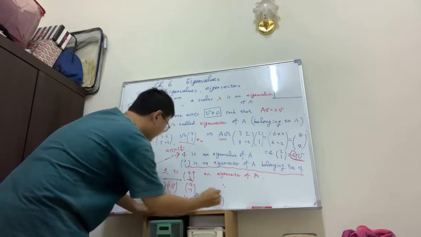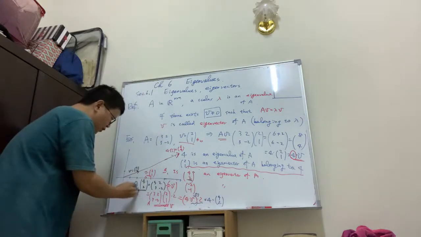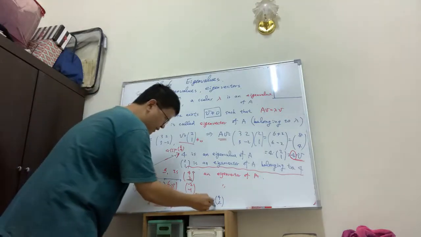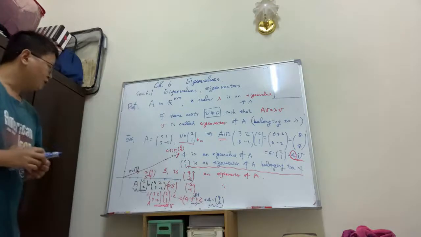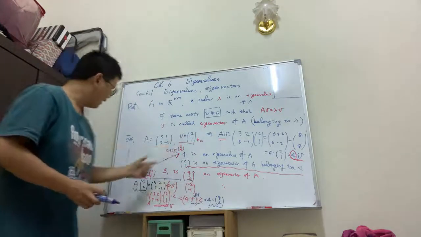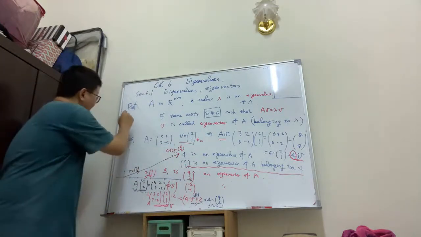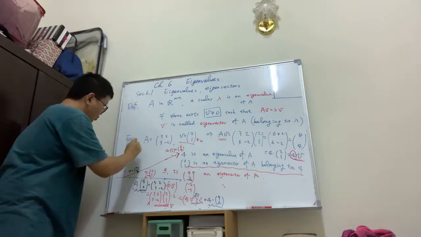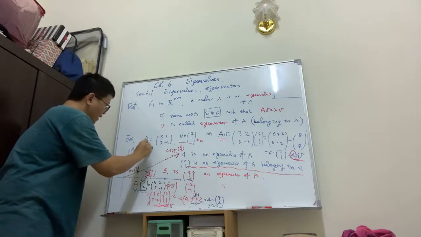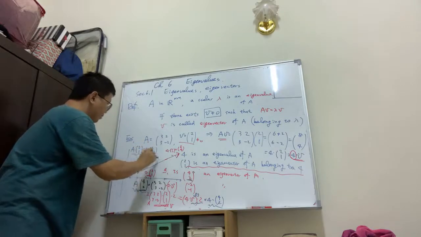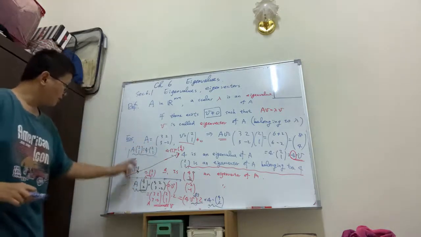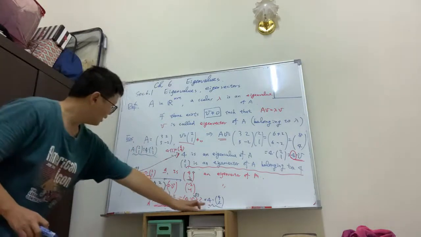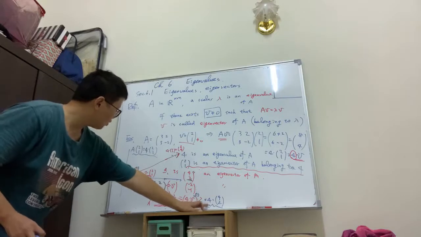So indeed, we still have this equation: A times (4, 2) equals 4 times (4, 2).